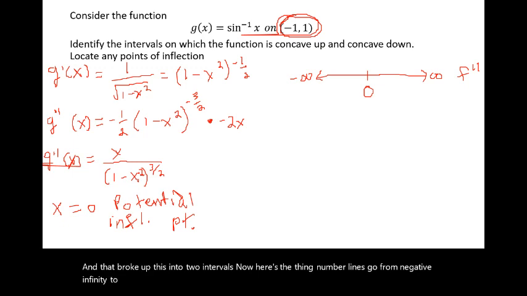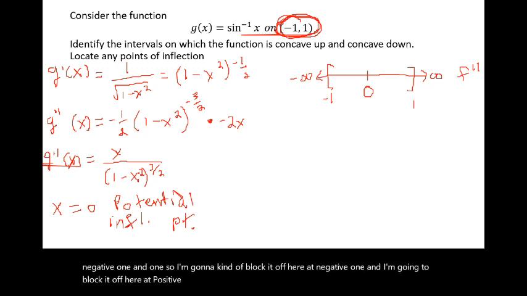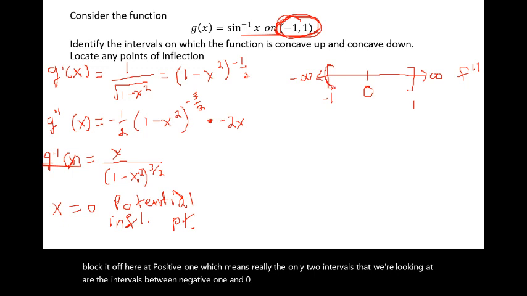However, we do have to keep in mind that we're really only looking between -1 and 1. So I'm going to block it off here at -1, and here at +1. Which means really the only two intervals that we are looking at are between -1 and 0 and between 0 and 1.